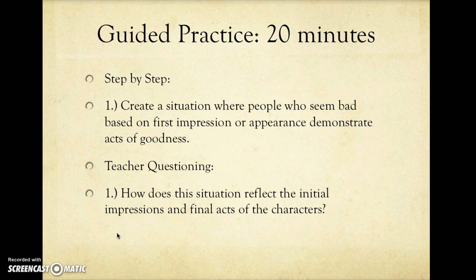And so from our discussion, we shift into guided practice for another 20-minute section of the 50-minute class. In this, I want students to create a situation where people who seem bad based on first impression or appearance demonstrate active goodness. They can consider things that they have seen or experienced, or they can create a person.